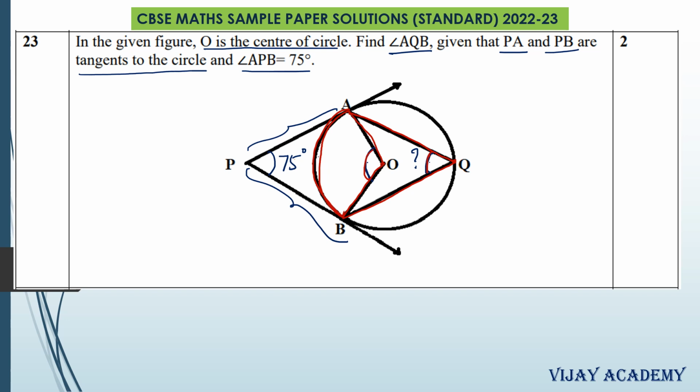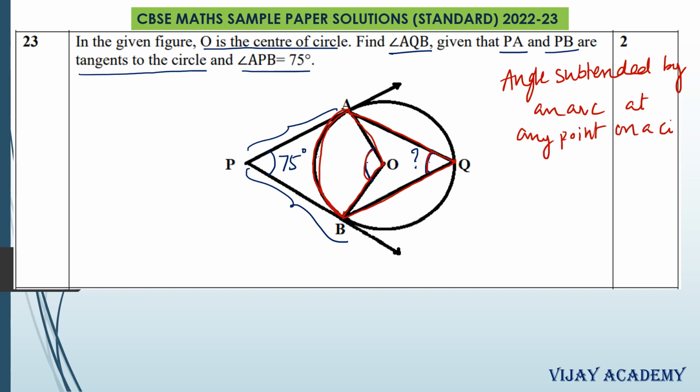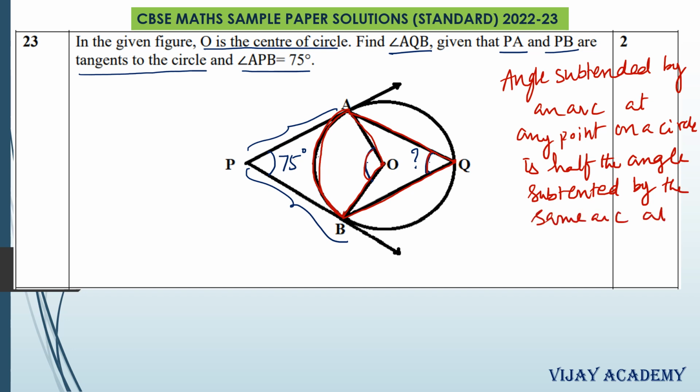There is a theorem called the angle subtended by an arc: the angle subtended by an arc at any point on a circle is half of the angle subtended by the same arc at the center.